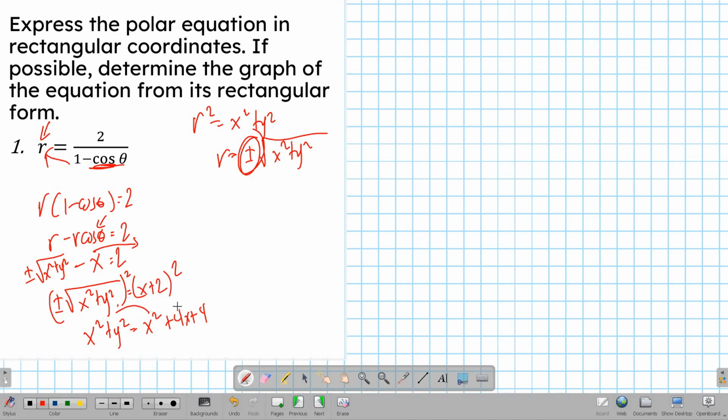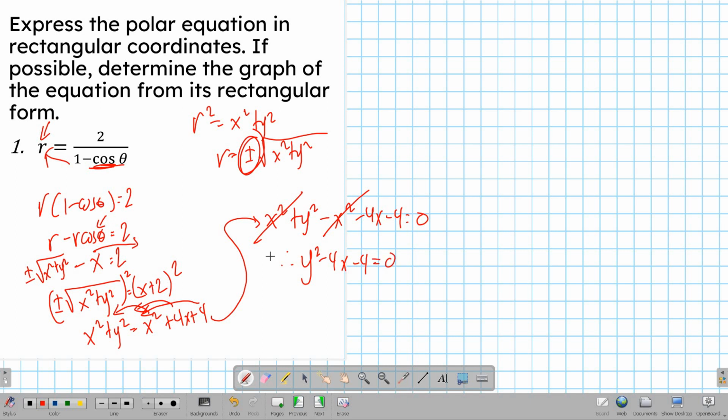Therefore, if I transpose everything to the left side, I'm going to have x squared plus y squared minus x squared minus 4x minus 4 equals 0. Combining like terms, the rectangular or Cartesian form of the equation is y squared minus 4x minus 4 equals 0. And those are the concepts behind the polar coordinate system.